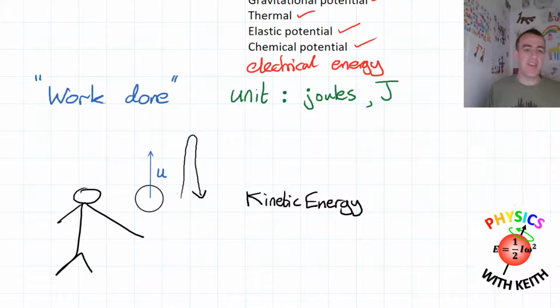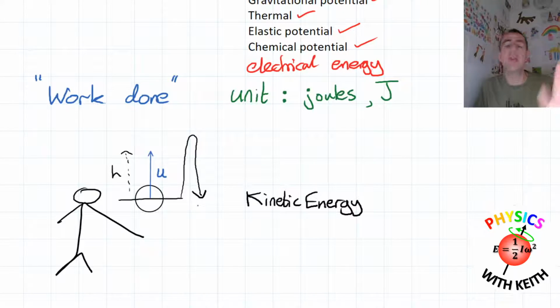Let's say that the initial height here, let's call this height 0, and then as we gain in height, that's our height there, h, then we start with 0 gravitational potential energy. I know it's not true, but that's 0 compared to that height there. And as we gain height, we lose kinetic energy.